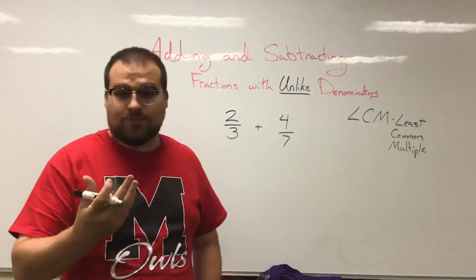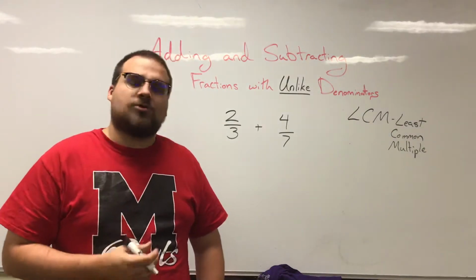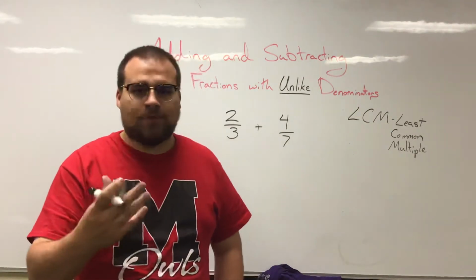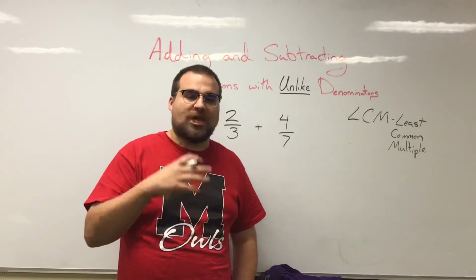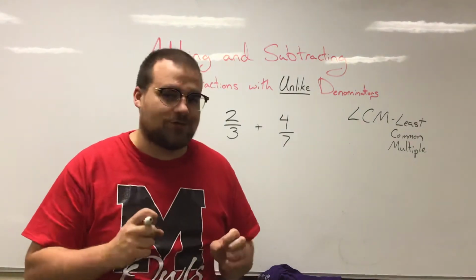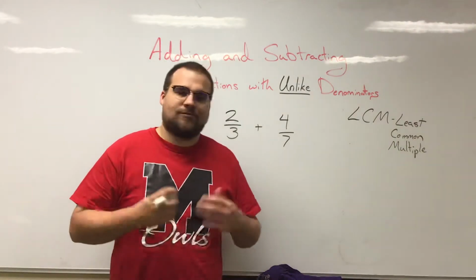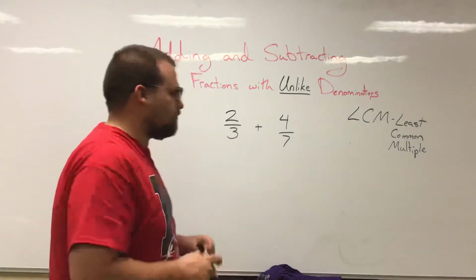And I realize 3 times 7 is 21, right? So what I have is this least common multiple of 21. I can make each denominator 21, change each fraction, kind of like the reverse of simplifying, make them larger, and then I can add those.